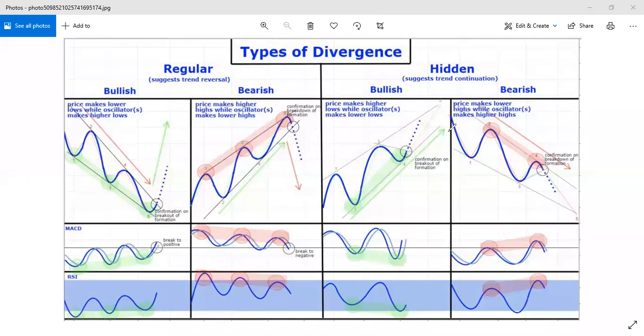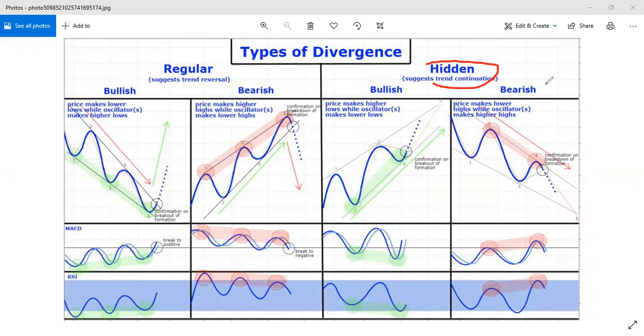What is hidden divergence? What is it used for? When is the time for us to look out for this divergence, and when do we think this is most likely going to be effective? This is what I'll be sharing with you guys today.